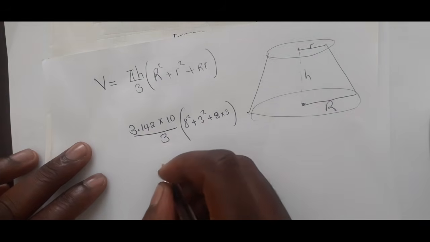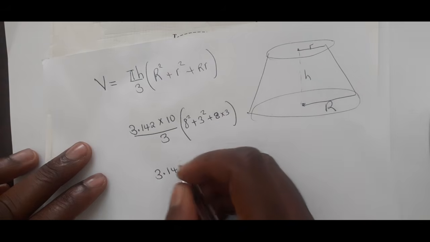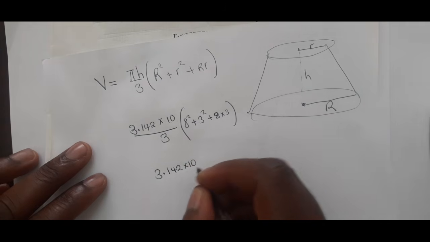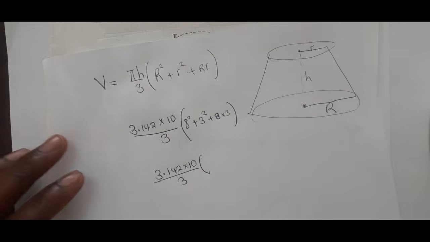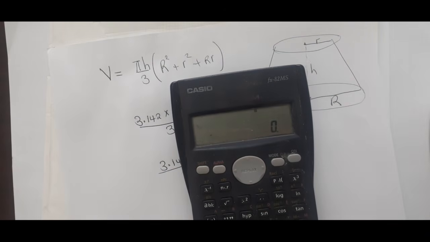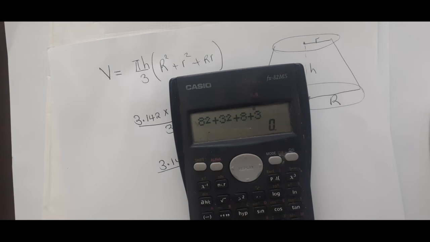So if you want, we can go on with this and say 3.142 multiplied by 10 over 3. Then you work out what is in the brackets. What are you going to get? You can just say 8 squared plus 3 squared plus 8 multiplied by 3.